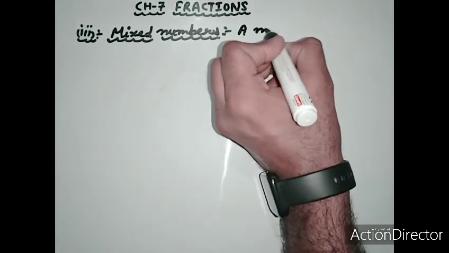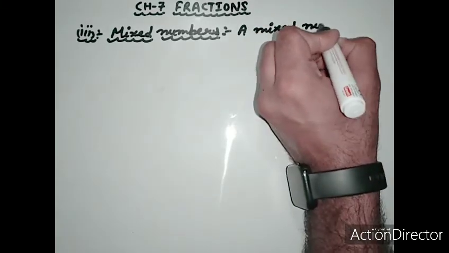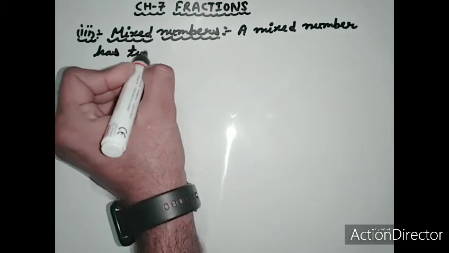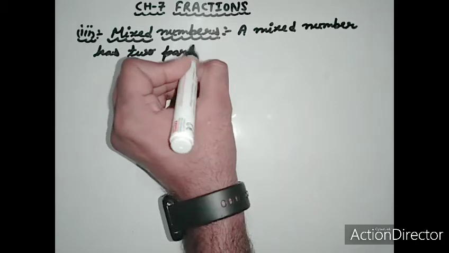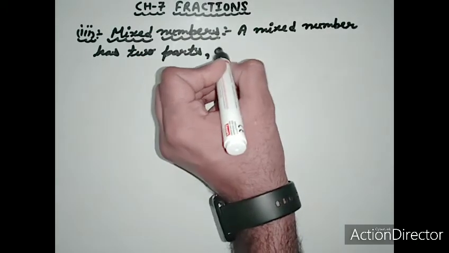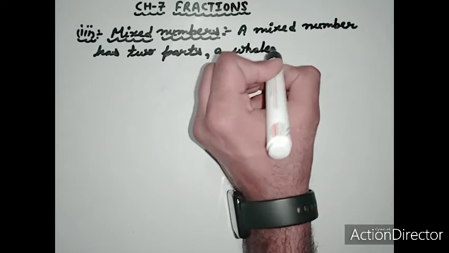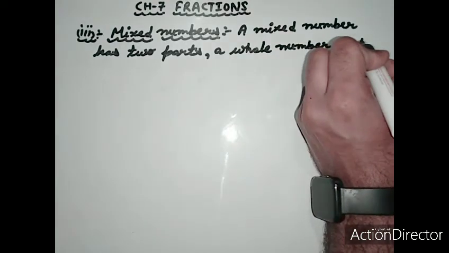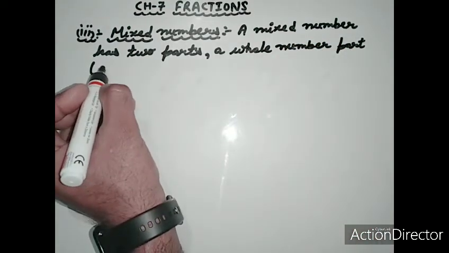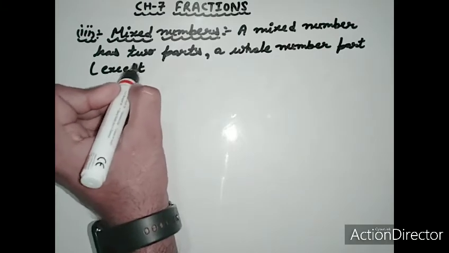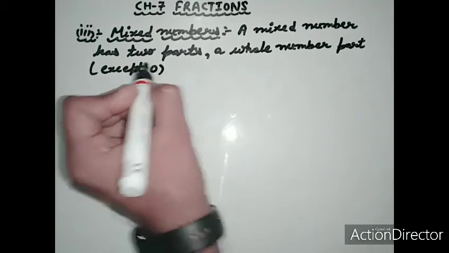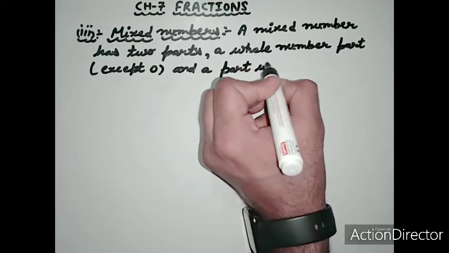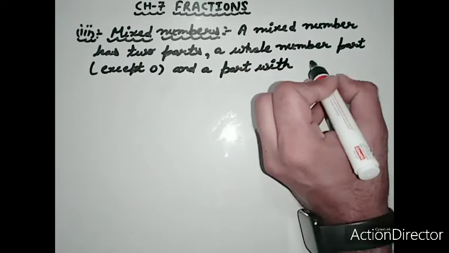A mixed number has two parts: a whole number part except 0 and a part with a fraction.